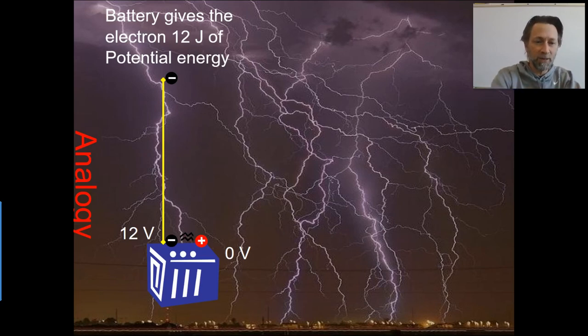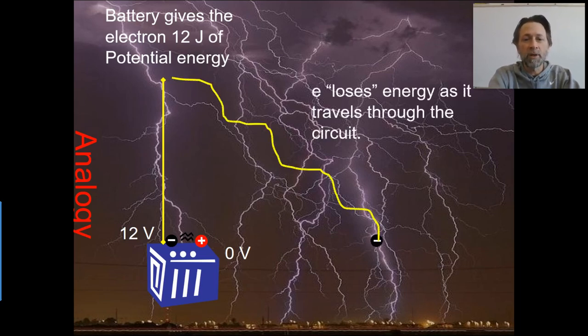So it gives it this energy. I lifted it up, so you can picture this as kind of like gravitational potential energy. And as the electron then flows through the circuit of the car, it loses that energy because it's giving the energy to something else. So maybe the electron goes through here, the dashboard lights.